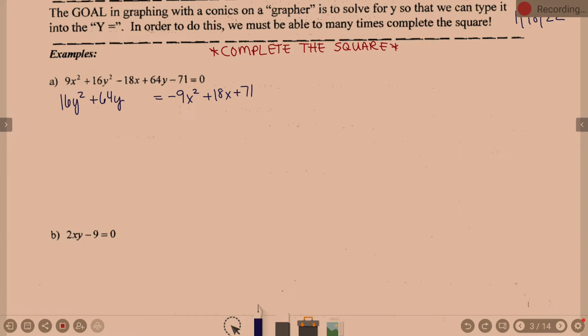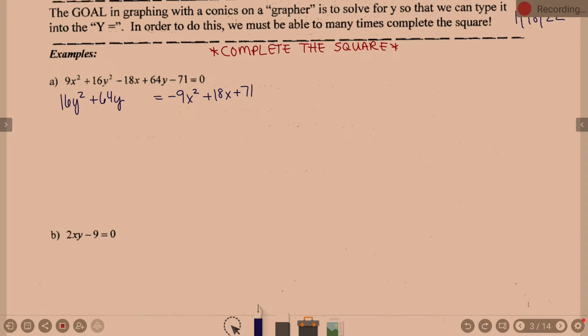Now, before we complete the square, what has to be true? It can't be a 16y squared. It needs to be a 1y squared. And if it's a 1y squared, depends on the situation. If everything's going to divide nicely by 16, I would consider going ahead and dividing everybody by 16. But this right side is not going to divide nicely by 16.